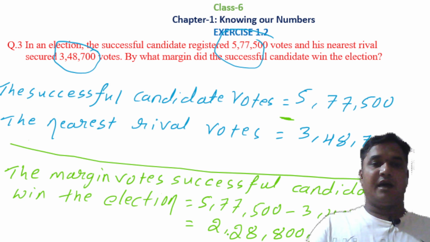So the margin votes are 2,28,800. Thank you.